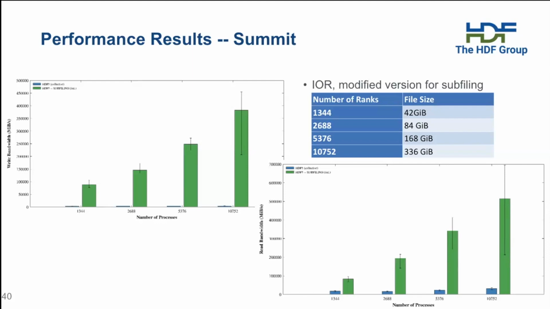The question is, have Lustre or anyone ever asked if they can implement subfiling in their file system instead of us implementing it in HDF5? I haven't heard anything about that.